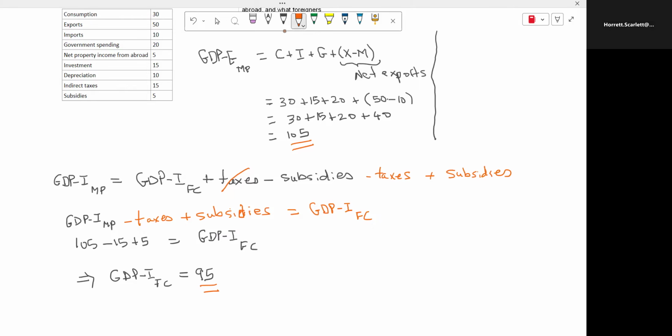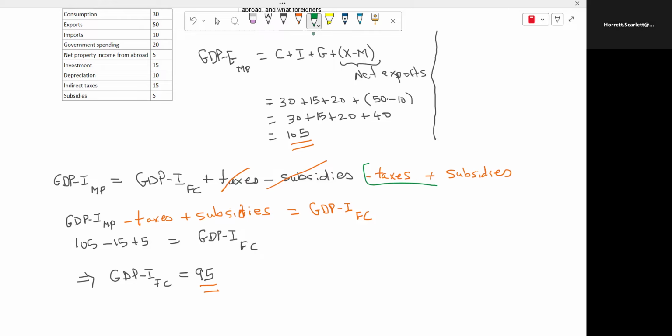By the way, just for completeness, the reason why we subtracted the taxes is because we wanted to put taxes to 0 on this side of the equation. And the reason why we add the subsidies is because we want to get rid of the subsidies on this side of the equation. And remember, what we do to one side of the equation, we have to do to the other side of the equation.